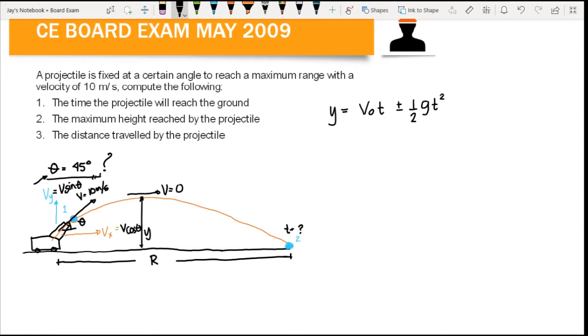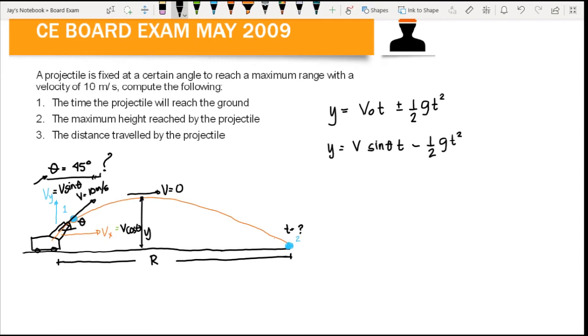So that means we would have y equals v, or the velocity, sine of theta, times the time. Since it goes upward, we will be using here the negative sign. So we have 1/2 the gravitational acceleration g, then t squared.